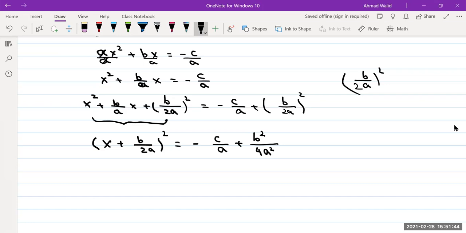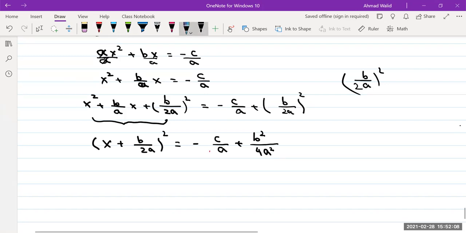Correct? Let's add these two fractions on the right side. To add these two fractions, I need a common denominator. It means I have to multiply c over a by another 4a to get a common denominator. Let me show you the process.